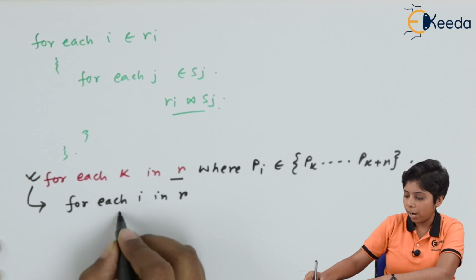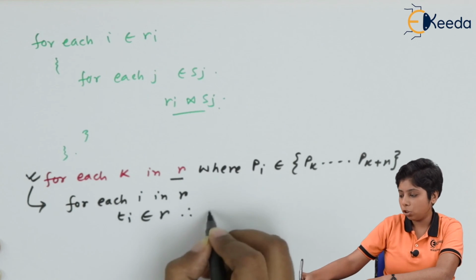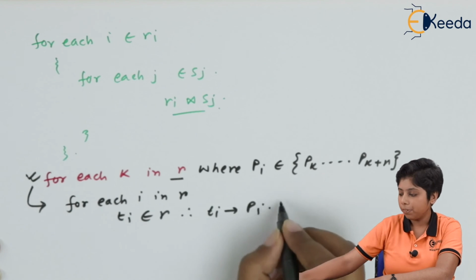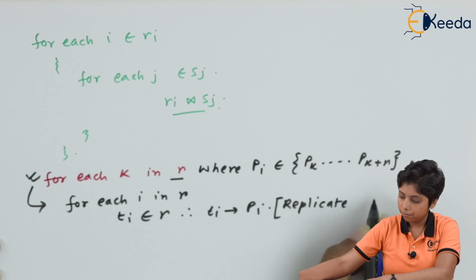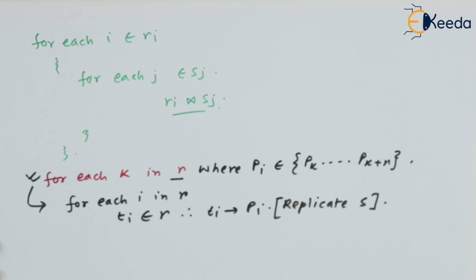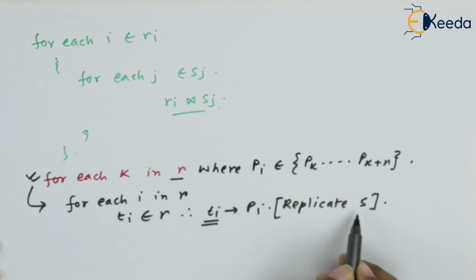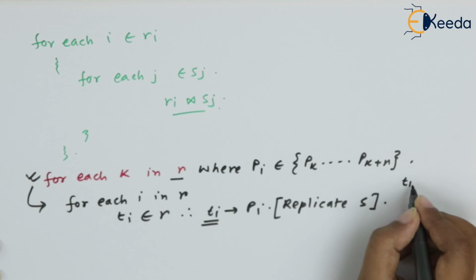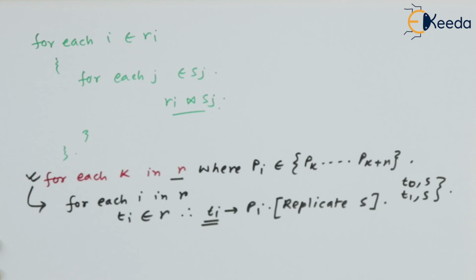That means we need to find each tuple Ti that belongs to R and then join Ti to Pi in such a way that we replicate S. That means for each Pi, we are replicating the tuple Ti that belongs to R with an Si. That means all combinations of Si, like T0 with S, T1 with S, are performed.